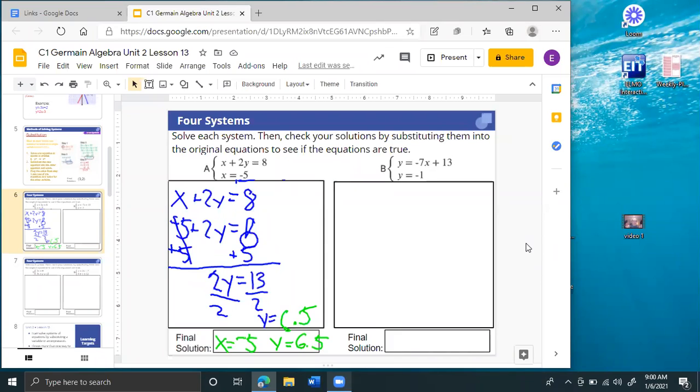Once you get your final solution, you can go like B, X is equal to, Y is equal to. Let me know in the chat.